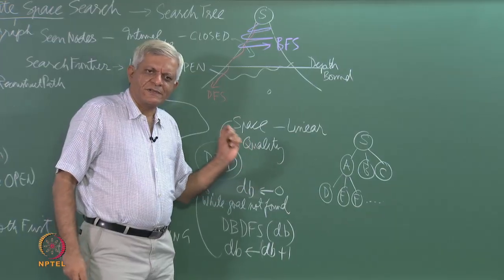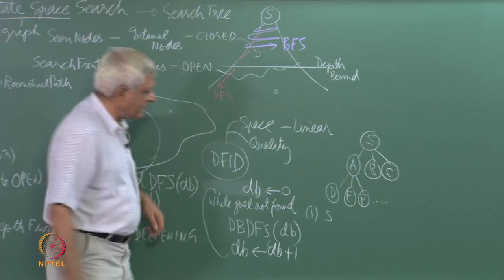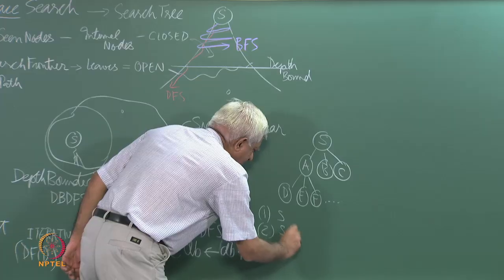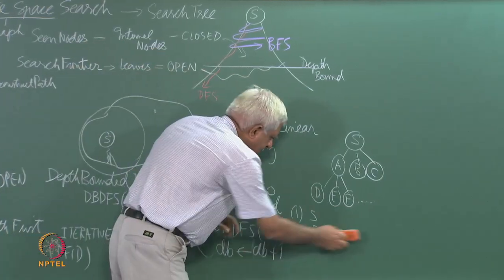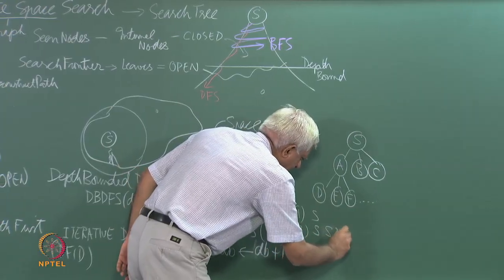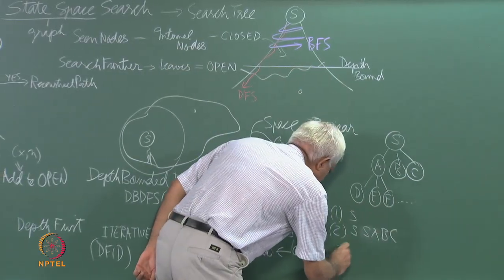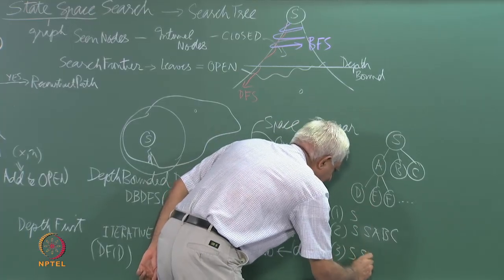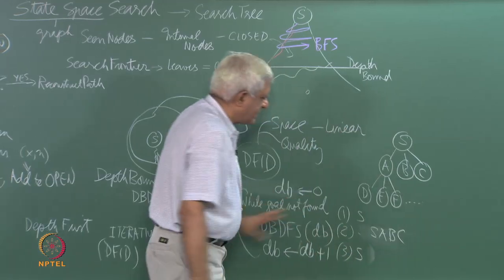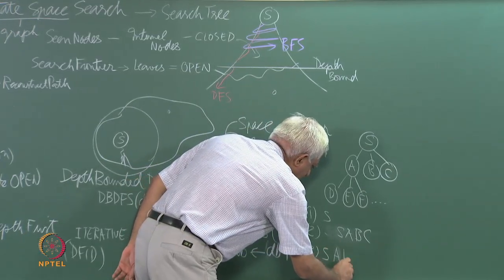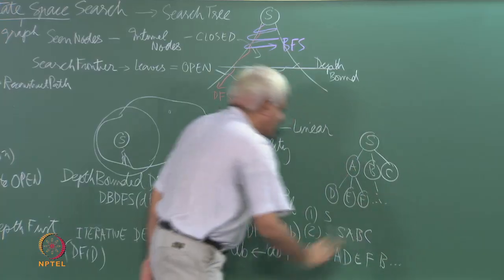In the first cycle it would inspect only S. In the second cycle it would inspect in this order S, A, B, C. In the third round it will inspect them in this order: S, then A, then D, then E, then F, then B, and then whatever the child of B is essentially.